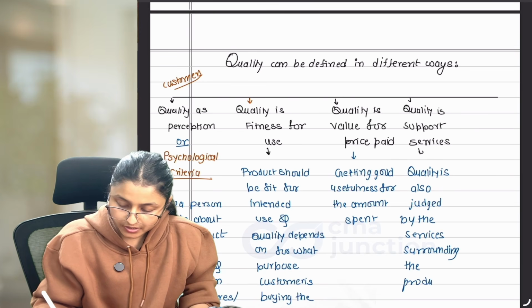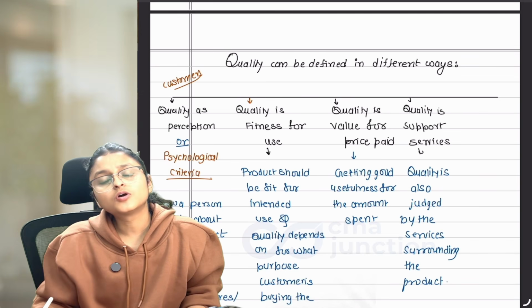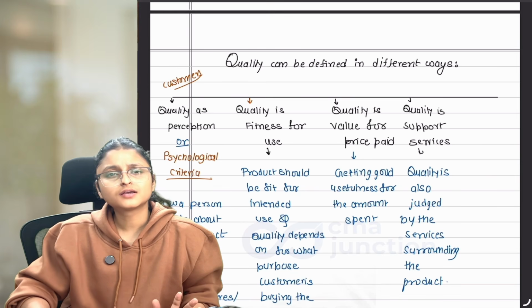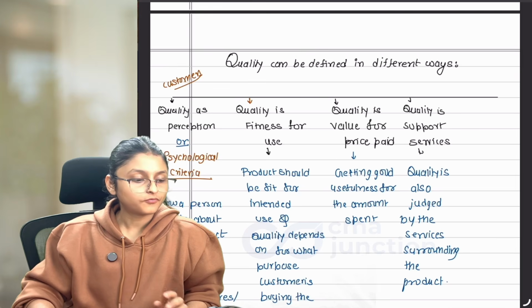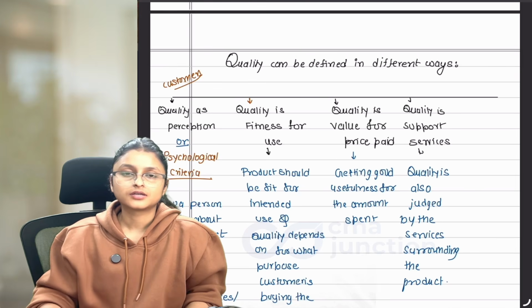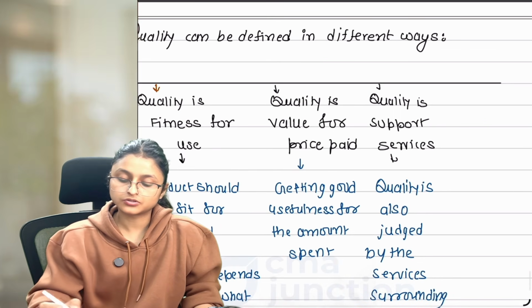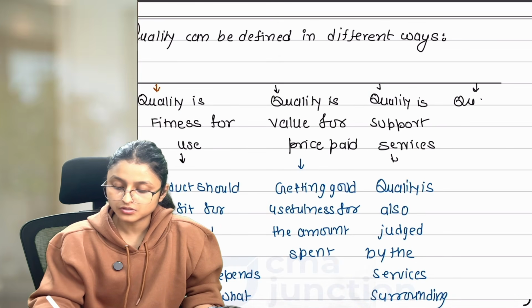Now think about it. We have also seen one more definition of quality, which is quality is zero defects. And that is also focusing on the customer, right? The customer will not want a defective product and will not be satisfied with a defective product. So here also we are focusing on the customer, and that is why I am including that definition also, that quality is zero defects.